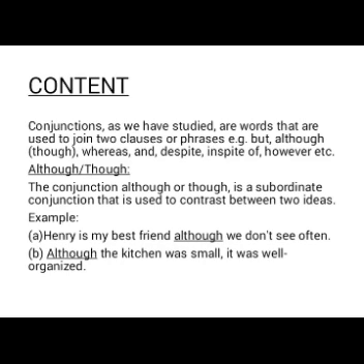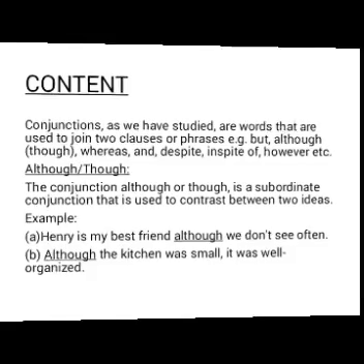Although the kitchen was small, it was well organized. You all notice that in this second sentence, although is at the beginning of the sentence. So this shows that although and though can be used interchangeably in a sentence. That means sometimes you can say although at the beginning of the sentence or in the middle of the sentence.